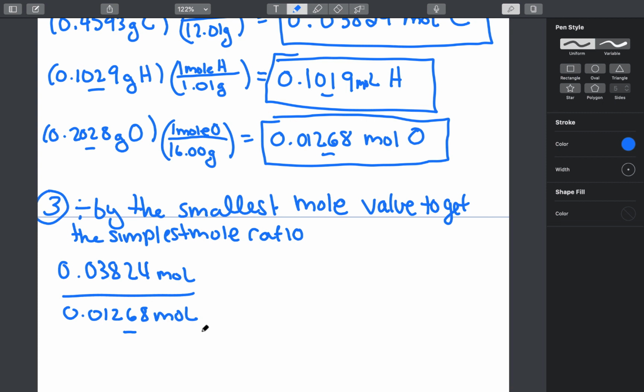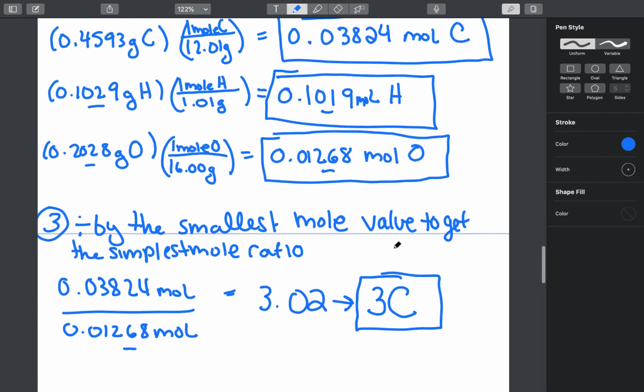So when you put this in your calculator, you will get 3.02. Now we round this down because this is way closer to 3. So in this case, we have 3 carbons.